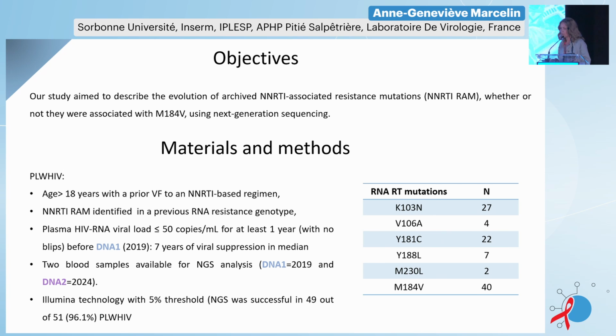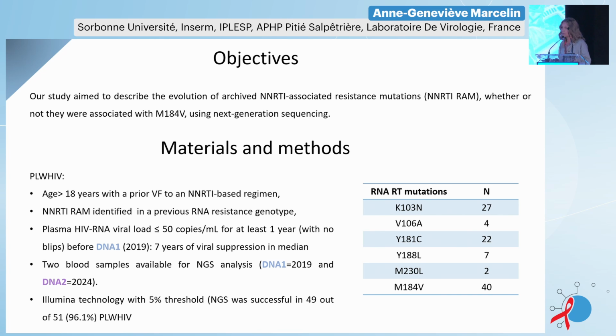NNRTI mutations were identified in a previous RNA resistance genotype, and then the patients had an undetectable viral load for at least 1 year with no blips before the next sample and the next genotypic test on DNA.